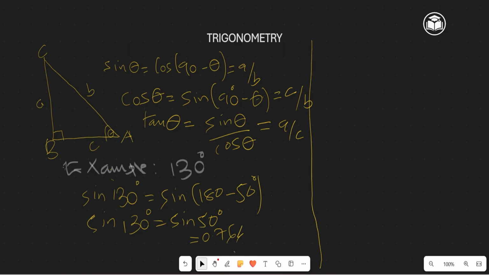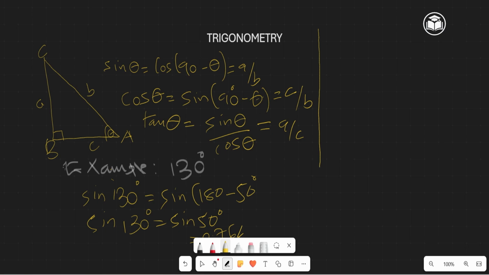Suppose now I want to look for cos 130. So cos 130 degrees will be cos of 180 minus 50 degrees, which is the same as cos 50 degrees.